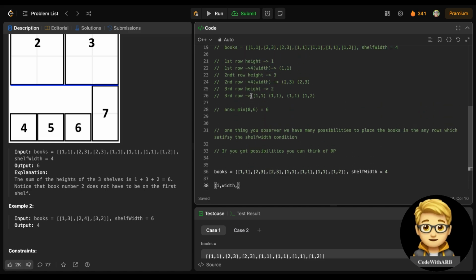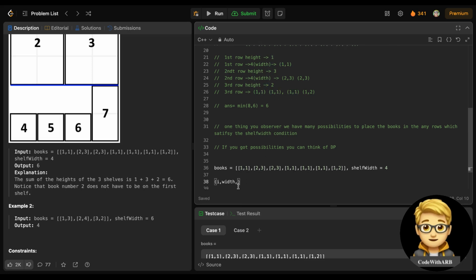So if you see in a particular row, I need the maximum of each book height, and that will be the height of the particular row, right? But when we change the row, the height will be the summation of the upper part and the lower part: 3 plus 2 is 5, plus 1 is 6, right?